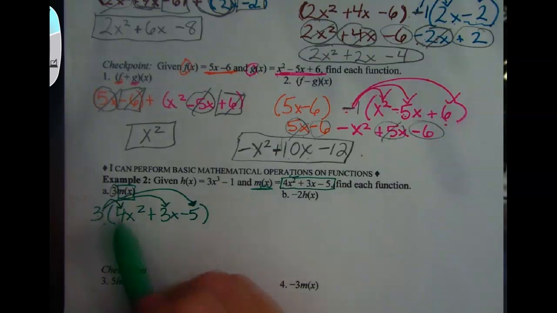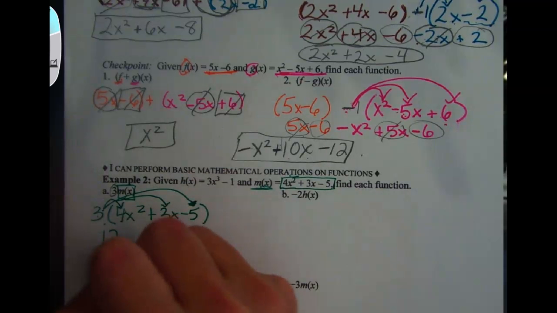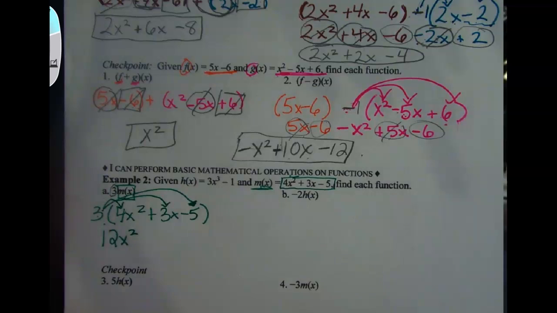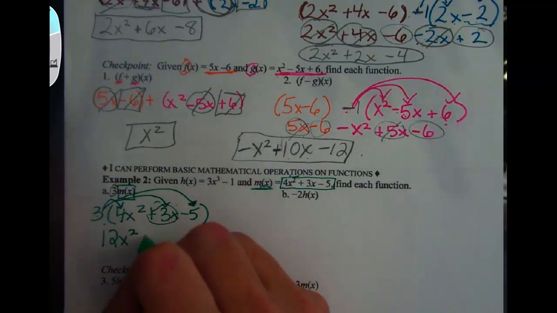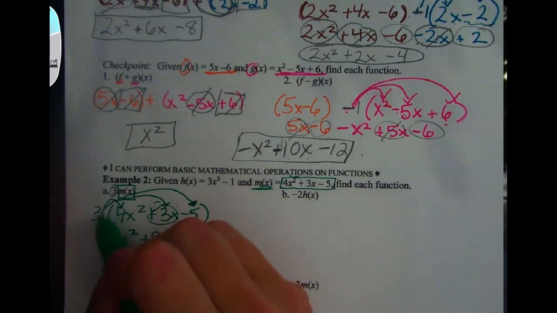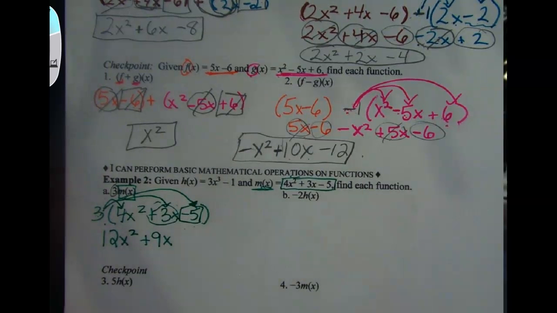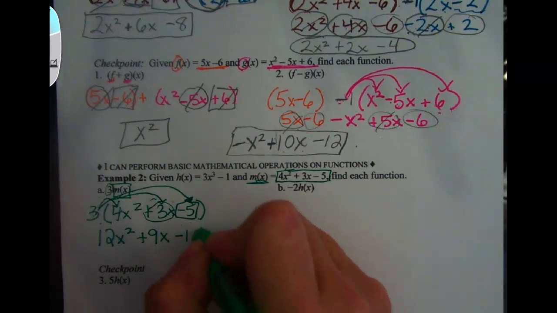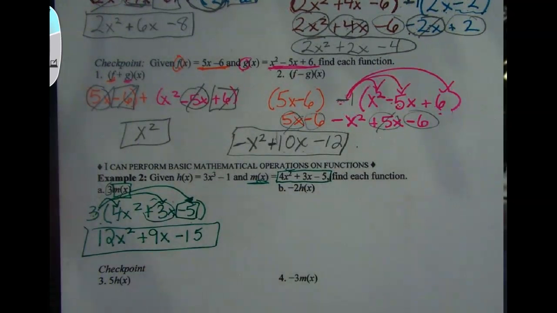So this is 3 times a positive 4x squared, which becomes 12x squared. This is 3 times a positive 3x, so it becomes plus 9x. And then we have a 3 times a negative 5. That's very important. We get a negative 15. Okay, so there is our answer simplified.